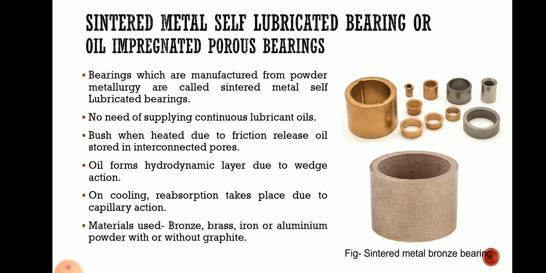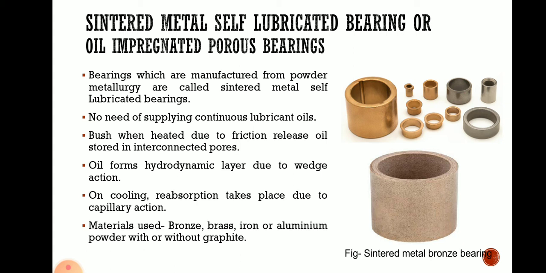So the bush as well as bearings can be made using the powder metallurgy process, which are self lubricant. Whenever they get heated by friction, they release the oil stored inside the pores, and the oil forms a hydrodynamic layer due to the wedge action, and on cooling the reabsorption takes place due to the capillary action that we have seen in the working of the self lubricated bearing.